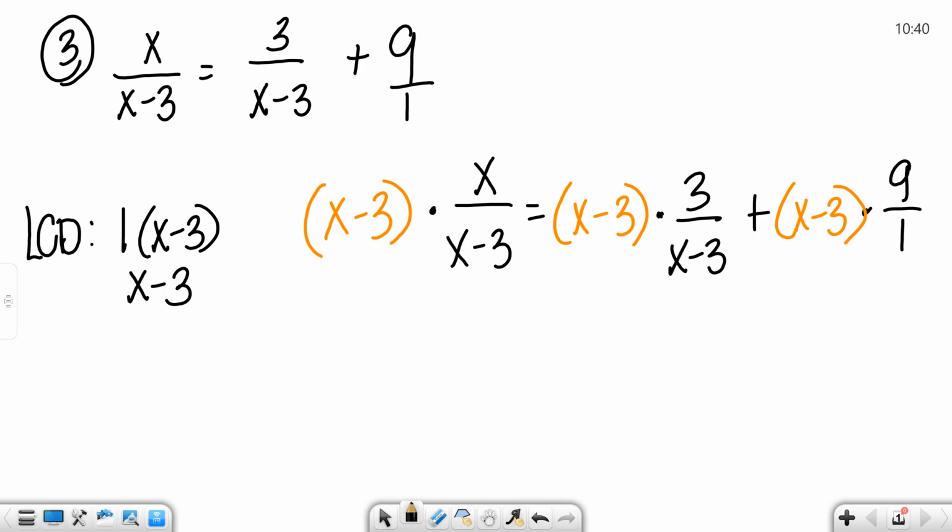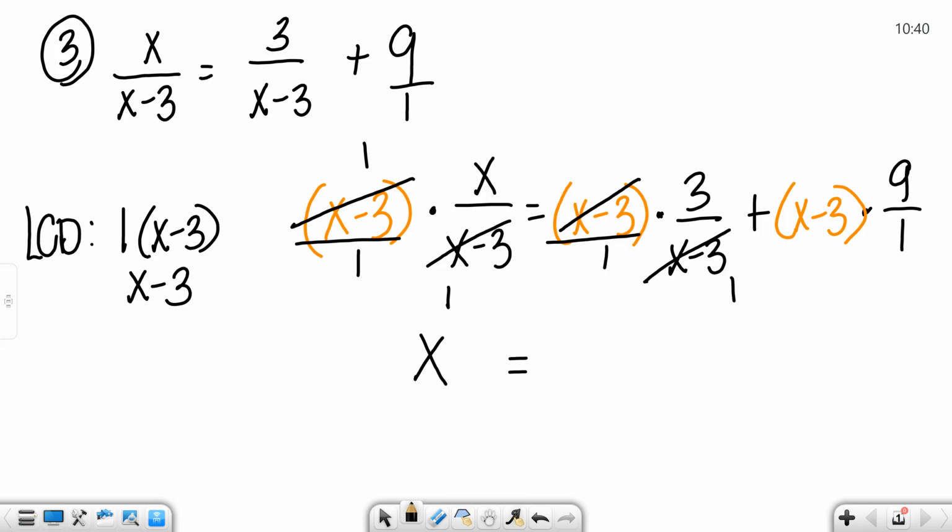All right, so I have multiplied everything by my least common denominator. All right, now when I do that, I put a 1 up under that x minus 3, and now I have common factors that divide to give me 1. So I'm left with a 1 times x, which is just x. If I put a 1 up under here, I have common factors that divide out. I'm left with 1 times 3.